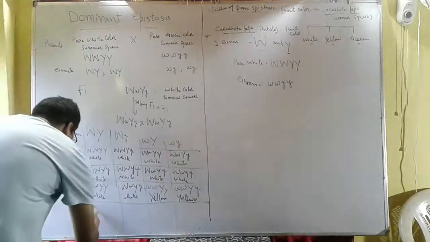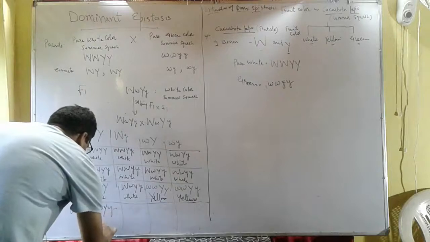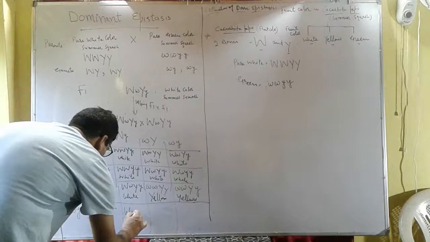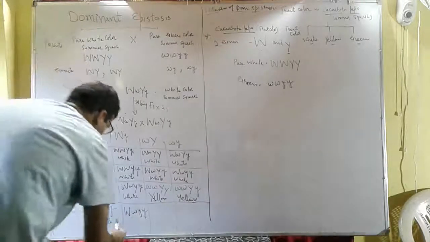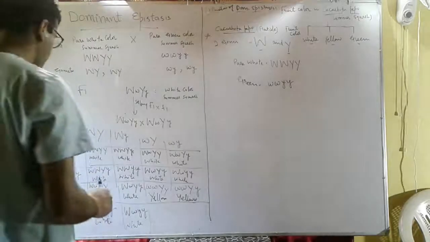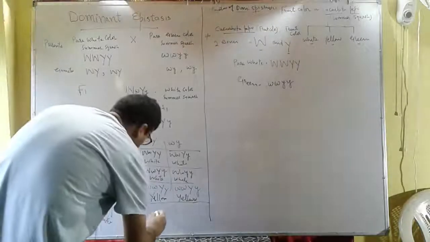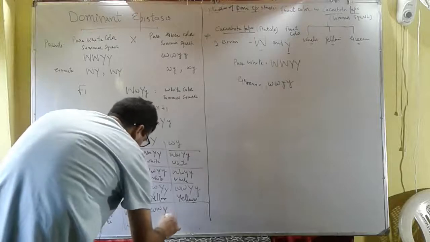Then we have capital W, capital Y, small y. This is white color summer squash. This is capital W, small y. Also white color summer squash. Then we have small w and capital Y, small y.